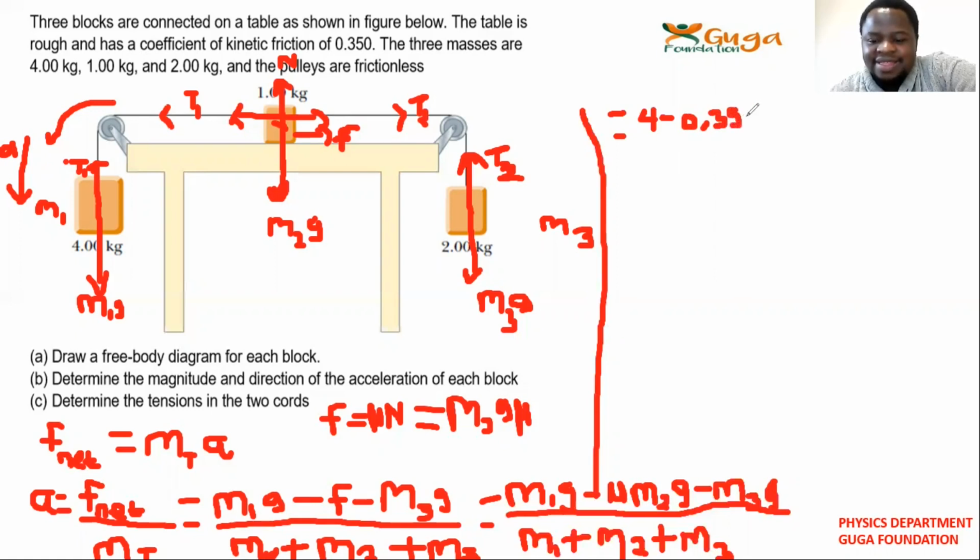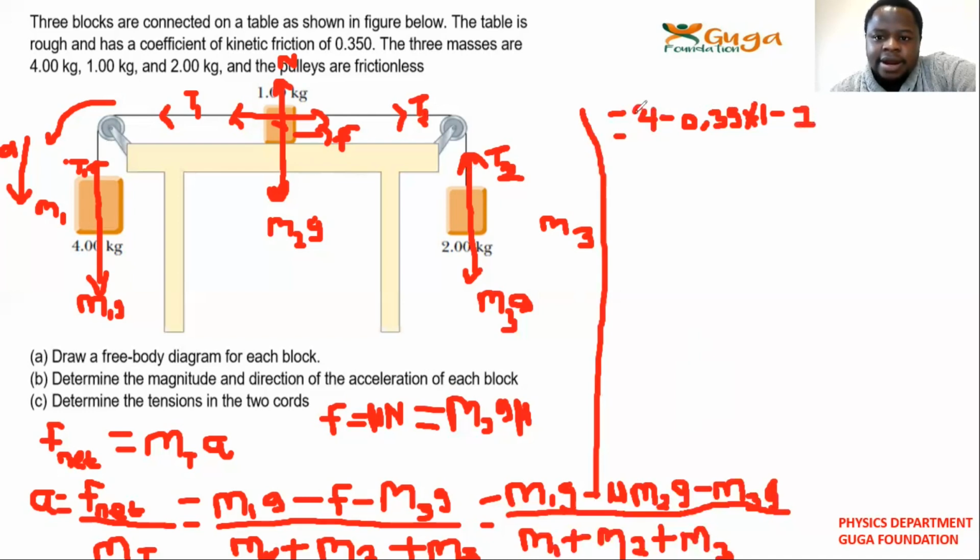Minus your M2, your M3 here. Let's say 0.5 multiplied by your M2. The mass there is 1, multiplied by 1, minus your M3, which is 2, right?